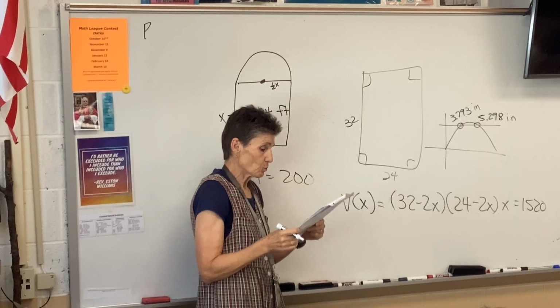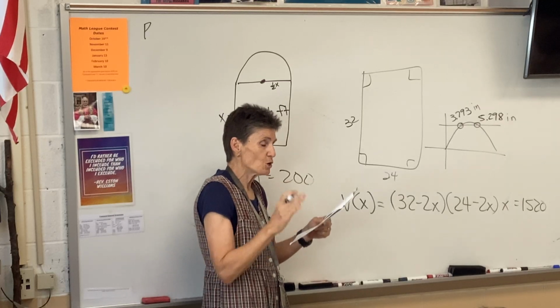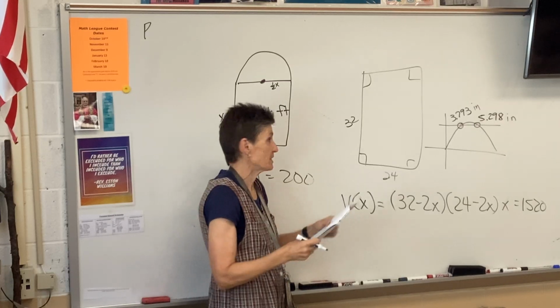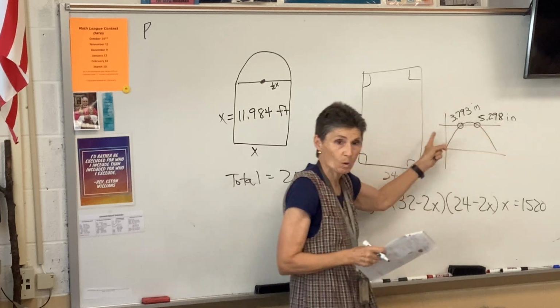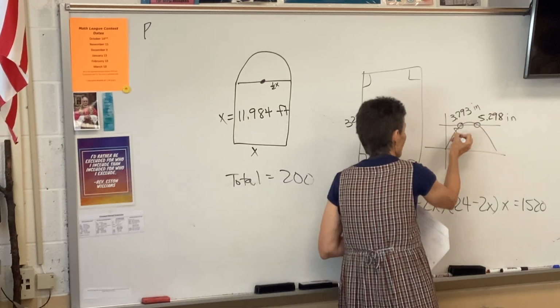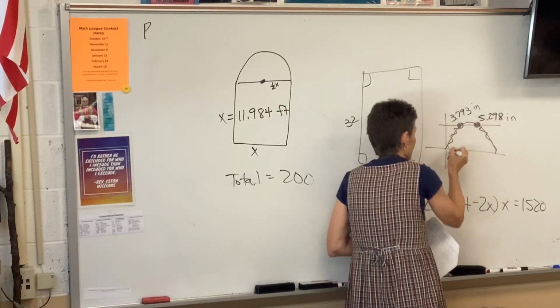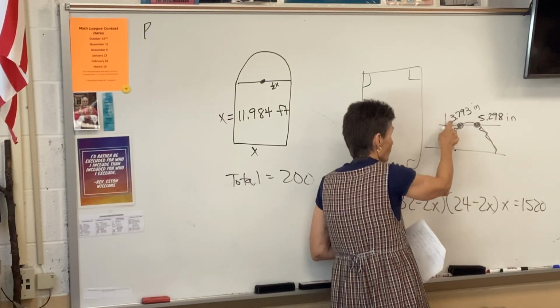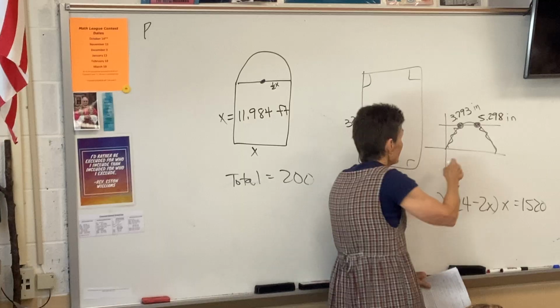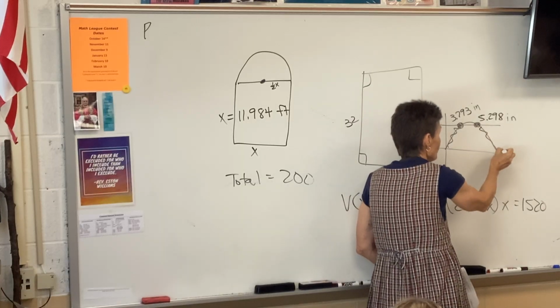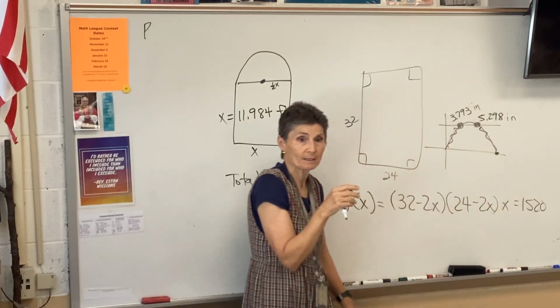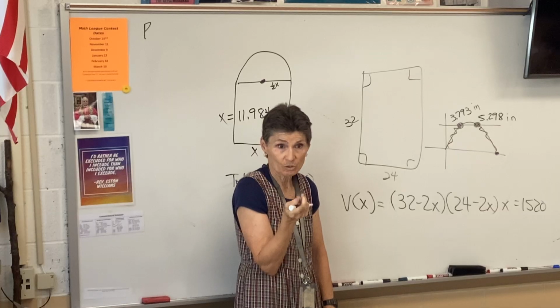What size corners would yield a box with a volume no more than 1520? So here's where it's 1520. So no more than would be from 0 to that number, and from that number to the end of the problem, which is when x is 12.